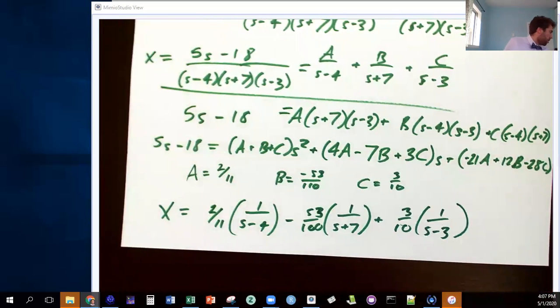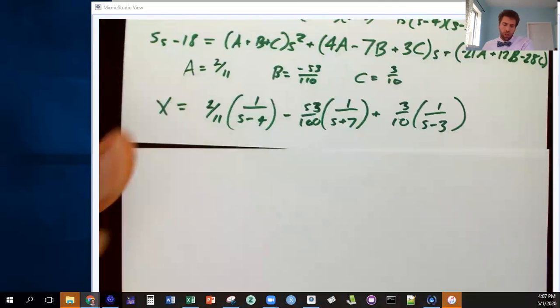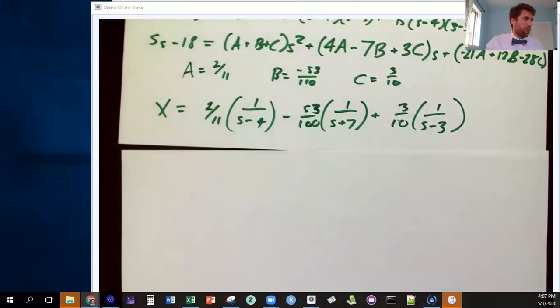Okay, well, then we will take the inverse Laplace transform. So then I've got a bunch of 1 over s minus a's.